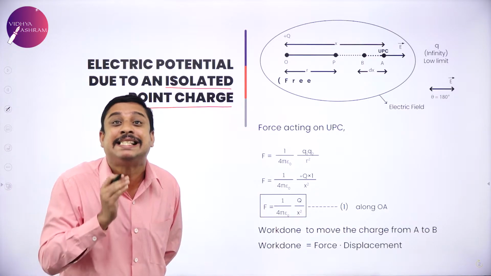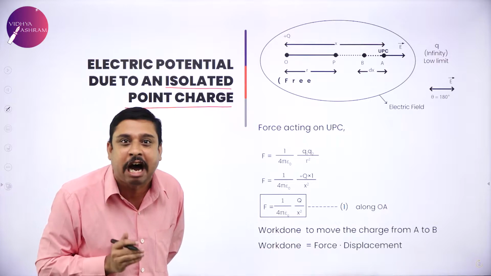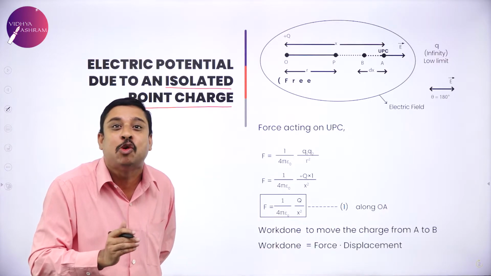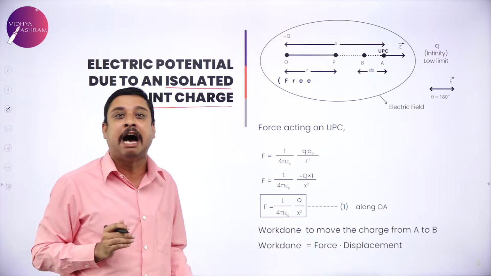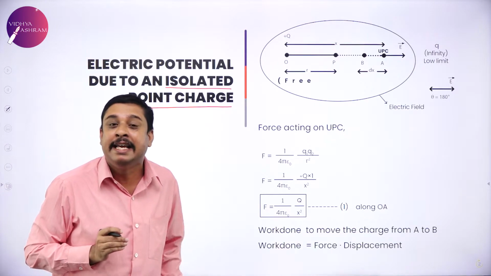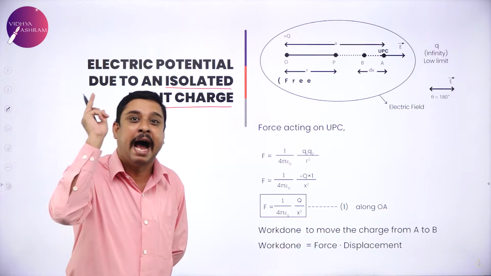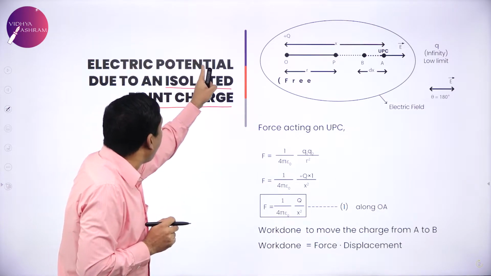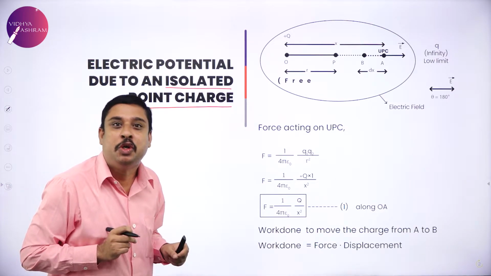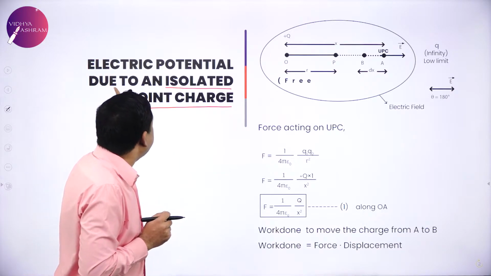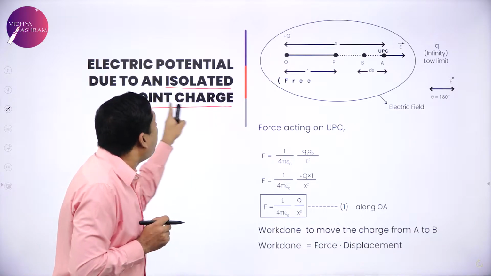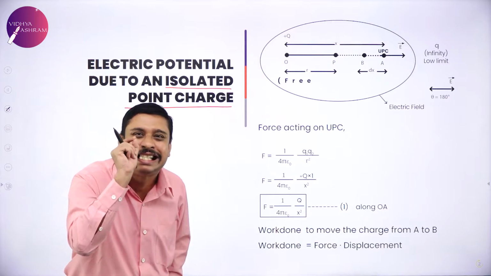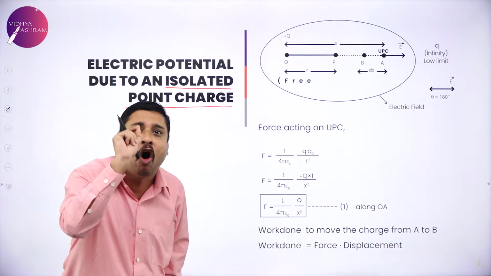So it is a single point charge, an isolated point charge. So what am I doing here? I am calculating the electric potential due to an isolated point charge, a single small charge.